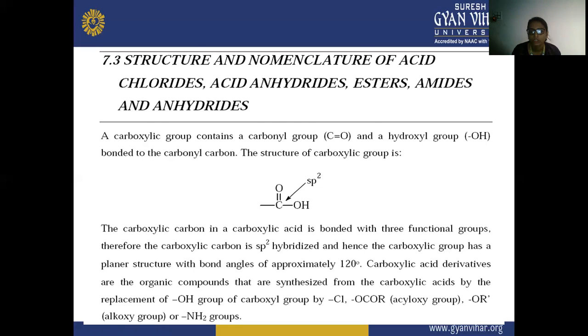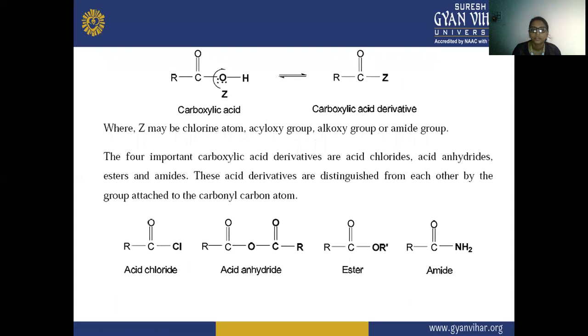This is the structure. Here you can see this carboxylic acid has this Z. If this Z replaces the OH group, it becomes a carboxylic acid derivative, where Z may be a chlorine atom, acyloxy group, alkoxy group, or amide group.